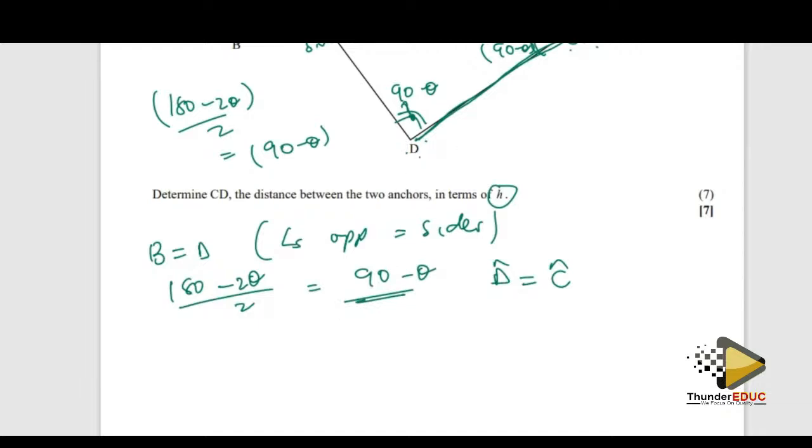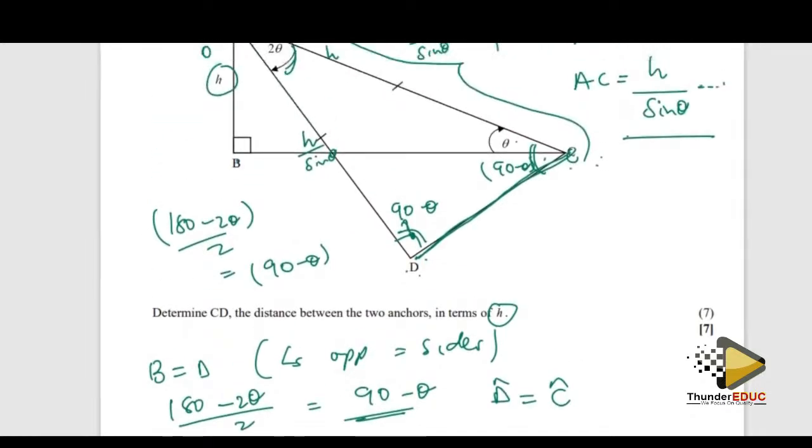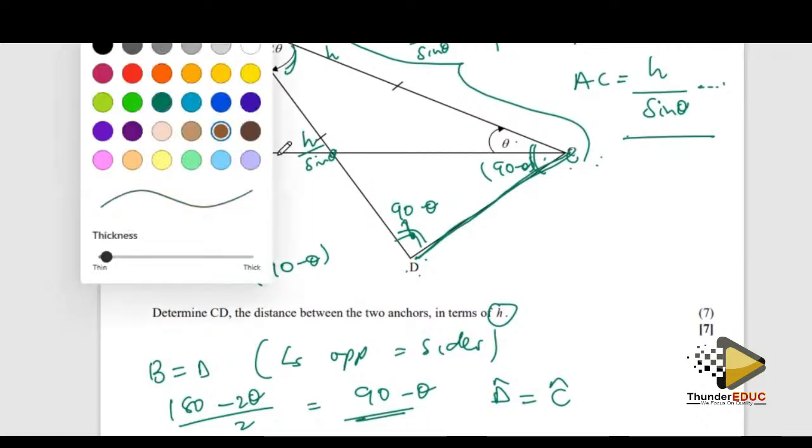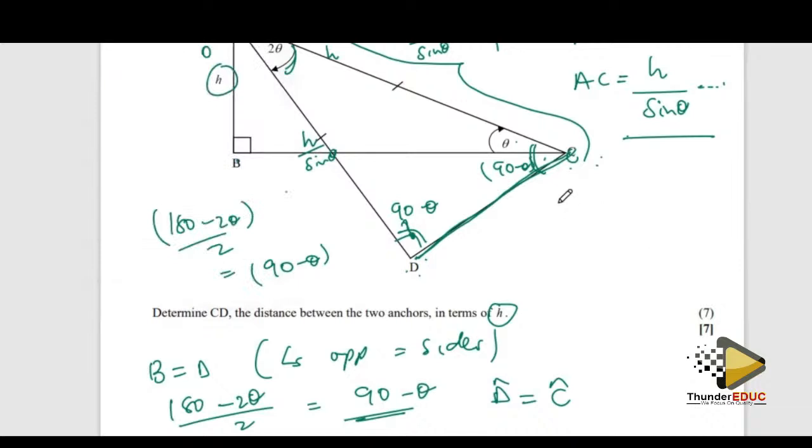Then I'm going to apply my sine rule. Remember from the sine rule, a over sine A must give you c over sine C, or b over sine B. We're looking for the side, so I prefer using this format.